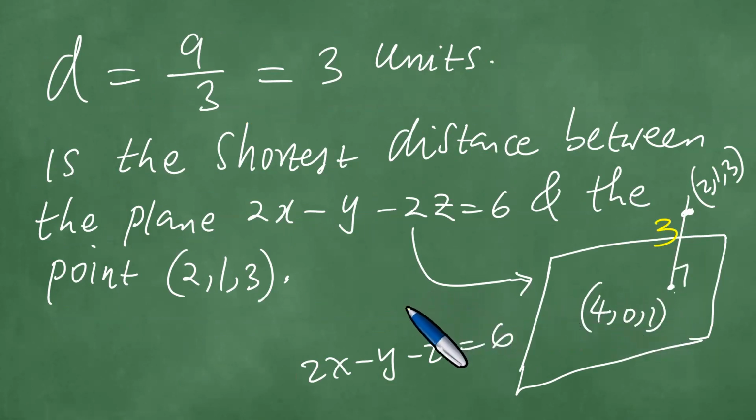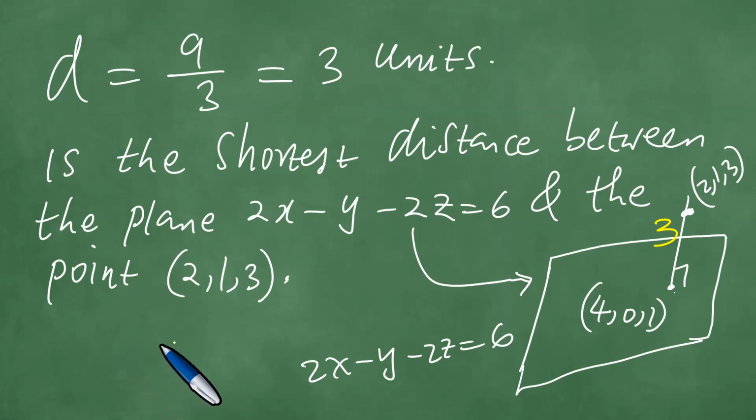But also we found the shortest distance between the plane 2x minus y minus 2z equals 6 and the point 2, 1, 3. Also, we found that shortest distance to be 3.